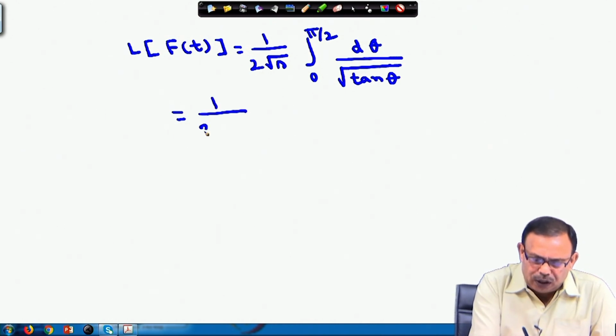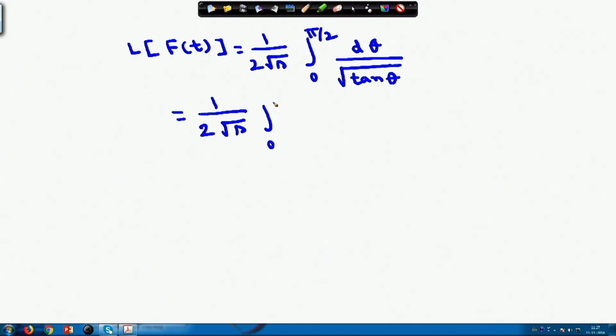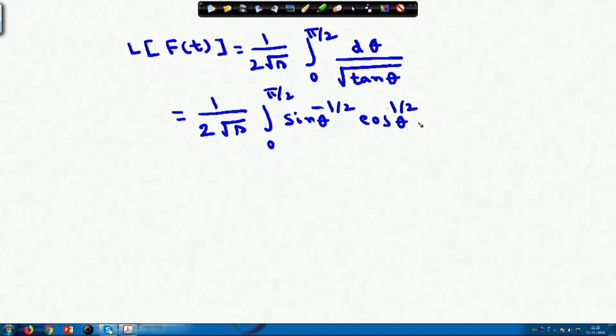So, this equals 1 by 2 root s, integral from 0 to pi by 2, sin to the power minus 1 by 2 theta into cos to the power 1 by 2 theta d theta.